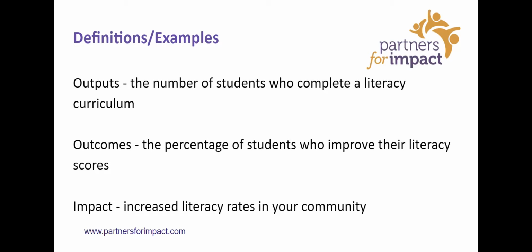It's just a layer of more information and the layer of change that you want to commit to. So you have the outcomes, the percentage of students who improve their literacy, but then the impact is, does that result in increased literacy rates in your community, right? So these impact evaluations that we oftentimes hear about are really about what's changing at the community level.